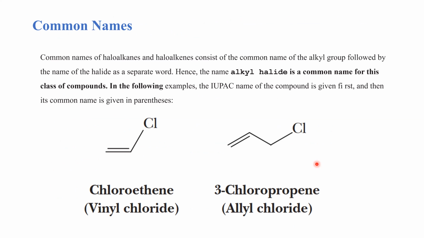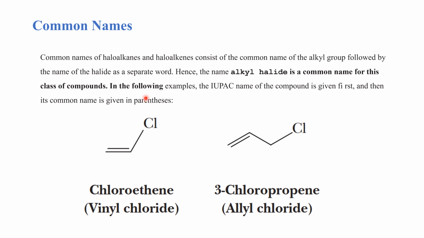So we usually name these through the common names, but whenever you have to mention something internationally and be very specific about the position, the IUPAC naming gives you the exact idea of the structure, what it is.